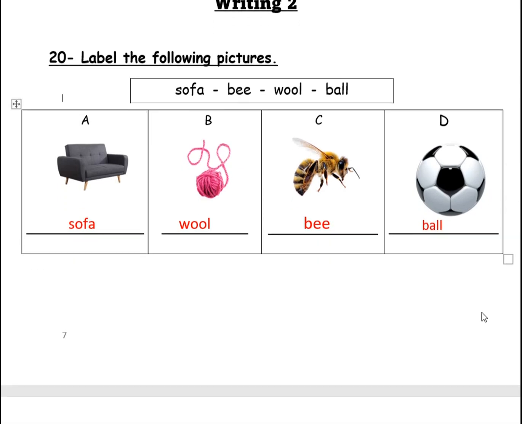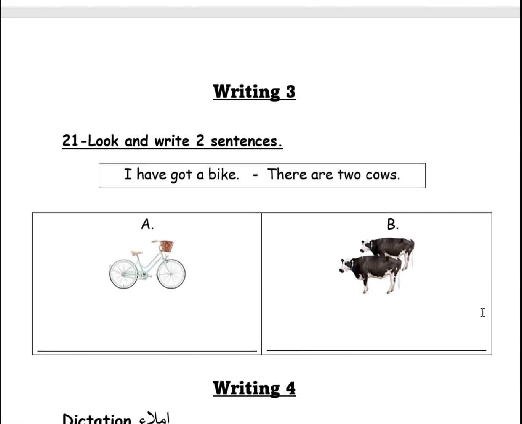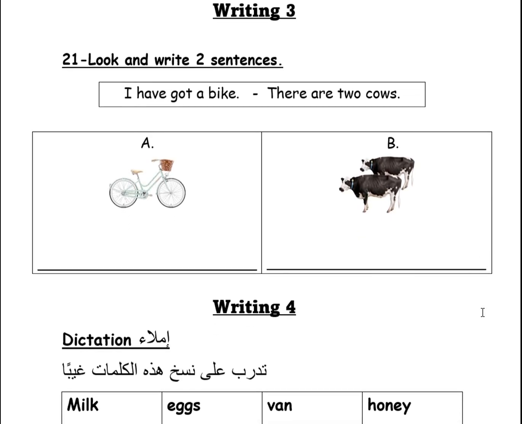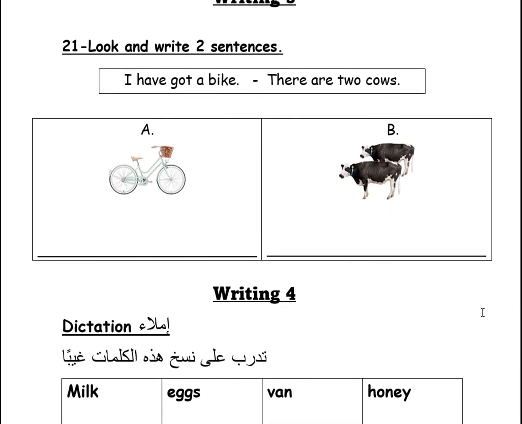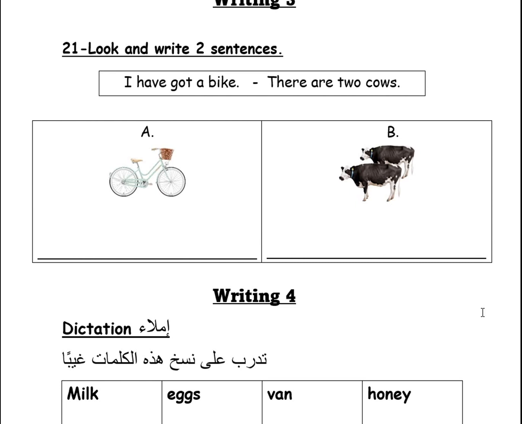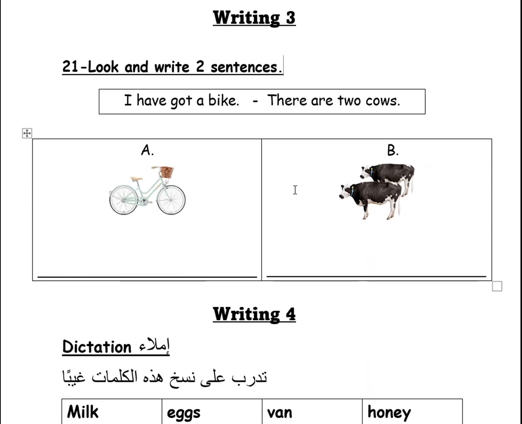Now let's move to the second activity. In this activity, it says here, look and write 2 sentences. The sentences are already there.